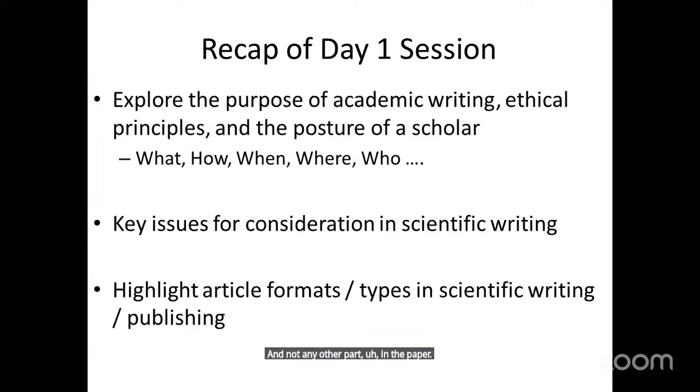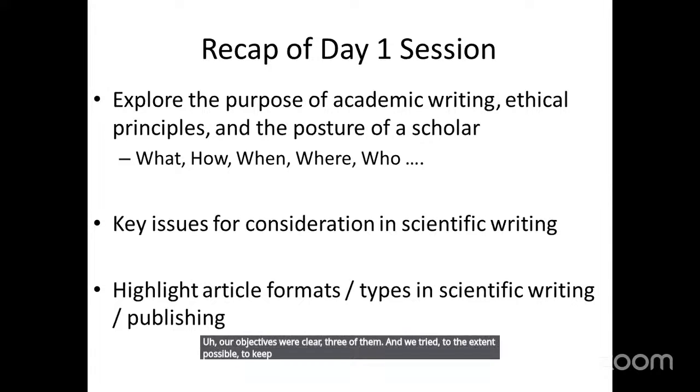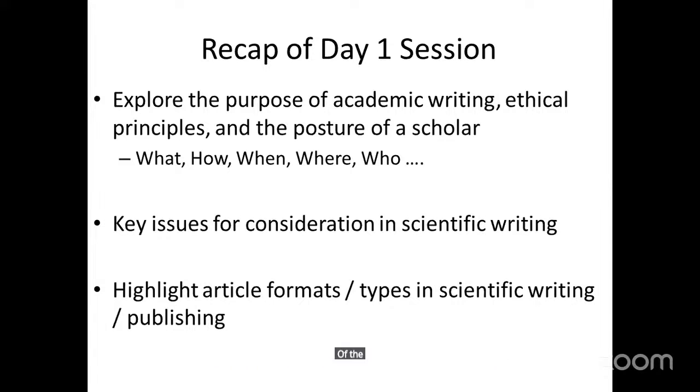As a recap for yesterday, our objectives were clear, 3 of them, and we tried to the extent possible to keep ourselves within the limits of the objectives. There were so many questions, and these questions were touching so many things, but we needed to remind ourselves that we had a purpose, and that purpose was to, among others, look at the importance of academic writing, ethical principles, and the stature of a scholar.